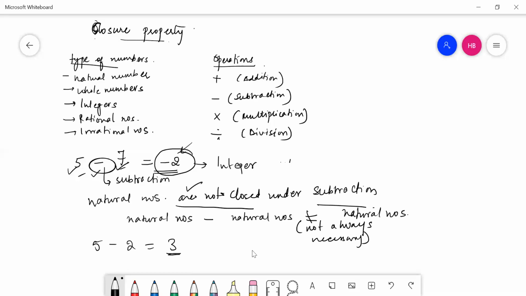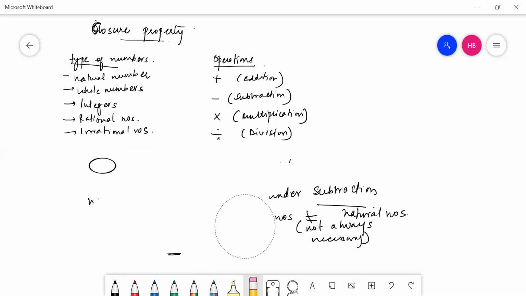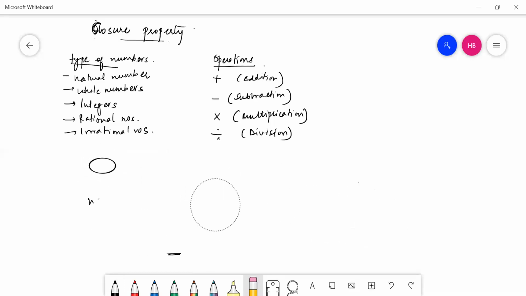Understood? Now let's quickly check with division and multiplication as well. Now let's talk about multiplication.